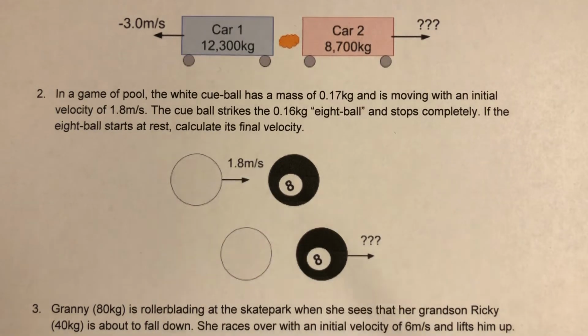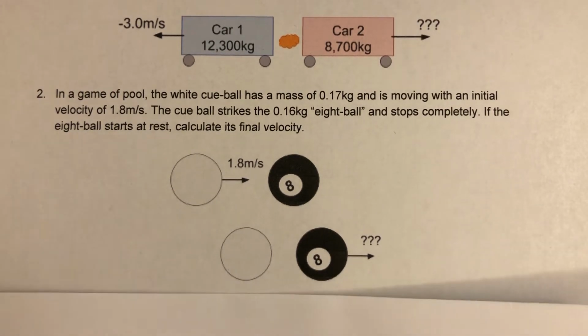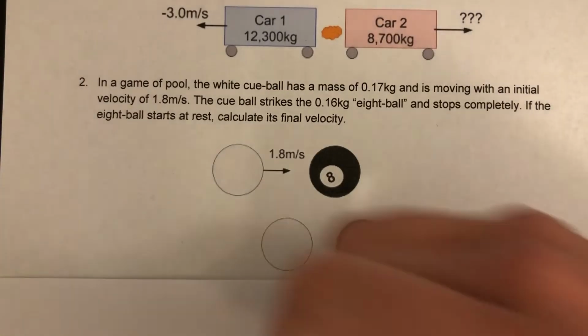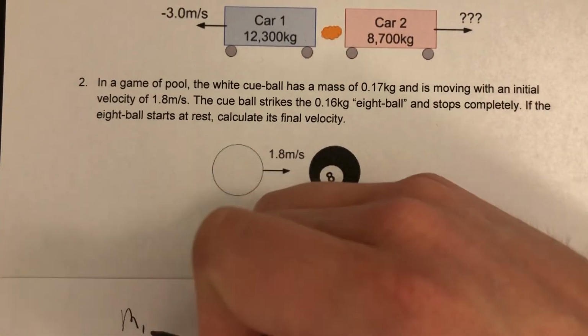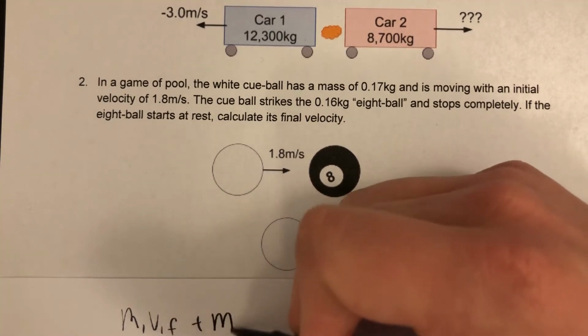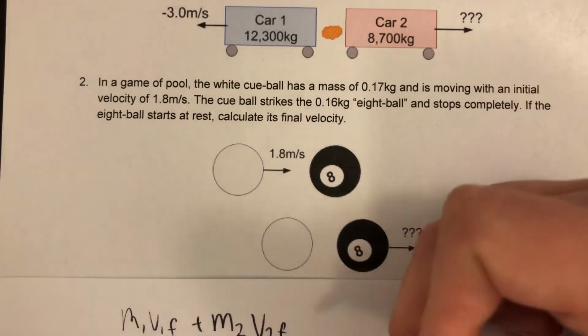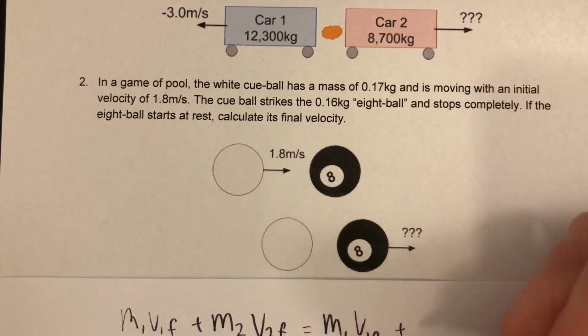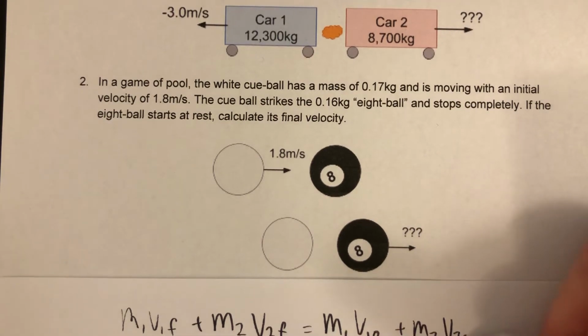So in this problem, we have a couple of zeros, just like we did in the first one. We're going to use the same equation too. M1 V1F plus M2 V2F equals M1 V1O plus M2 V2O.